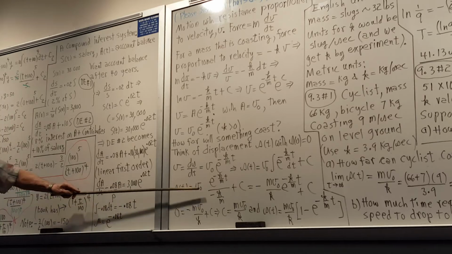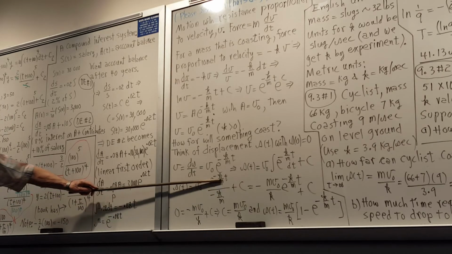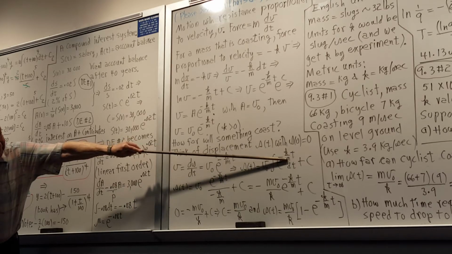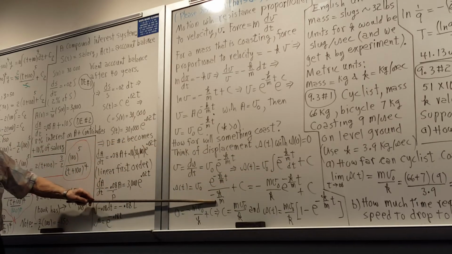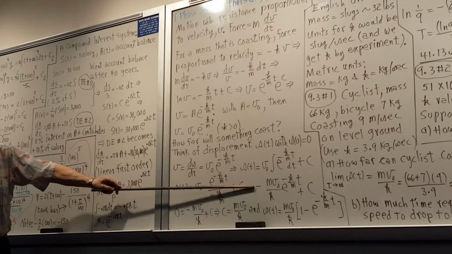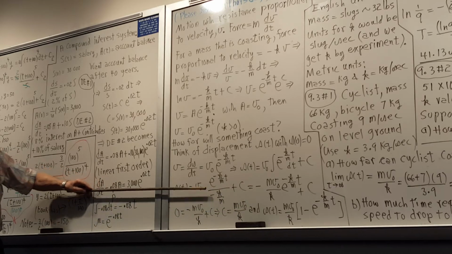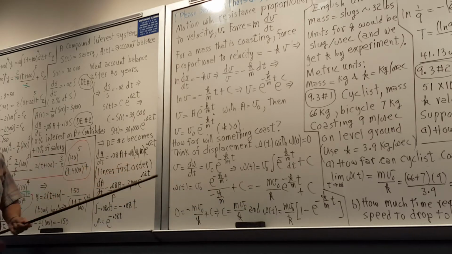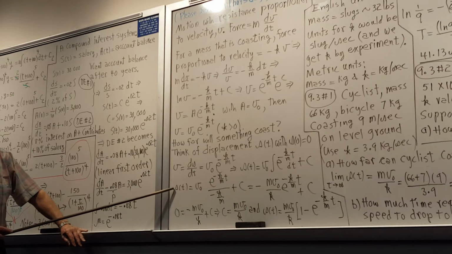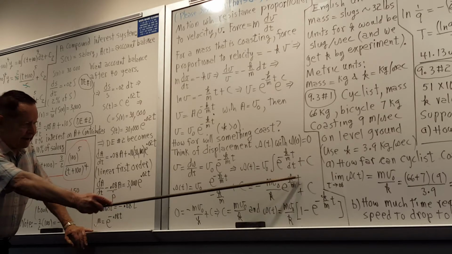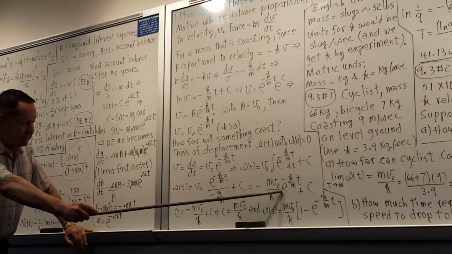So you have the exponential divided by the coefficient, and complete with the minus sign, so that minus is there, and then the m over k when you divide. So you have that your displacement from when you started coasting related to time is going to look like this.